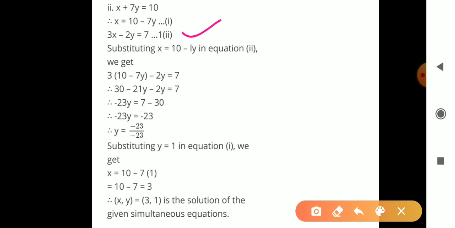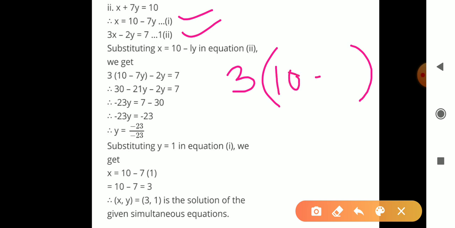So here 3 into x, so we put 3 and in brackets the value of x, and the value of x is this one, 10 minus 7y. So here we write 10 minus 7y, so this is 3x. Then minus 2y as it is, and equal to 7. This is equation number second.